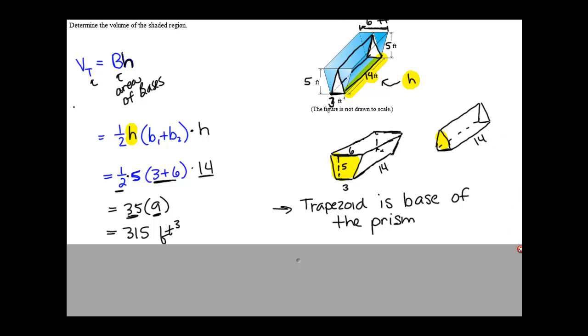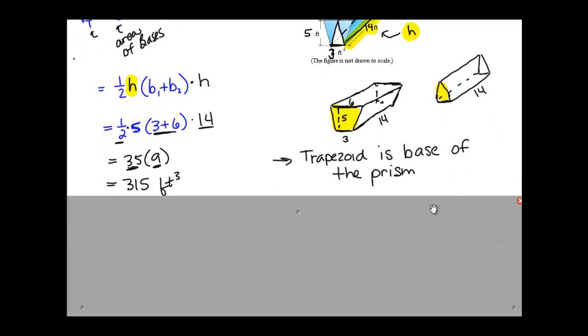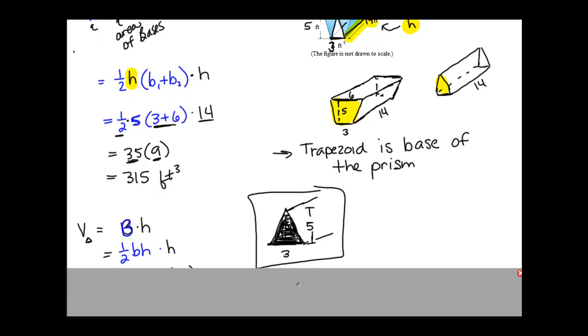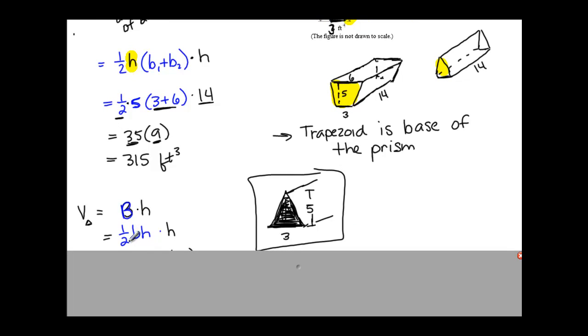Okay, so to find the area of that triangle, the triangle had a base of 3 and a height of 5 was given. So the area of the base, which is the area of the triangle, would be 1/2 the triangle's base times its height, times the height of the prism.